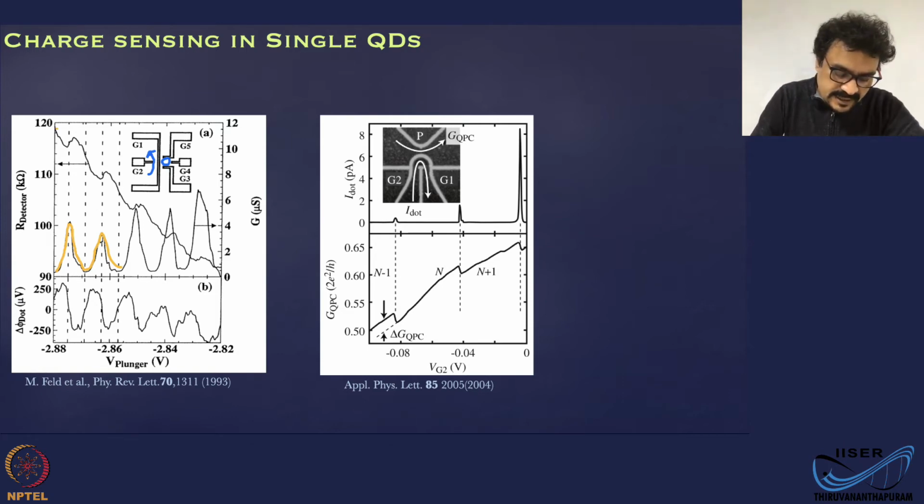And the corresponding conductance change, or the resistance change in the detector circuit, which is the quantum point contact, is shown here. So as you can see, whenever the electron number changes through the dot, that is felt by the QPC, and it displays a bump. That's what we are seeing here.